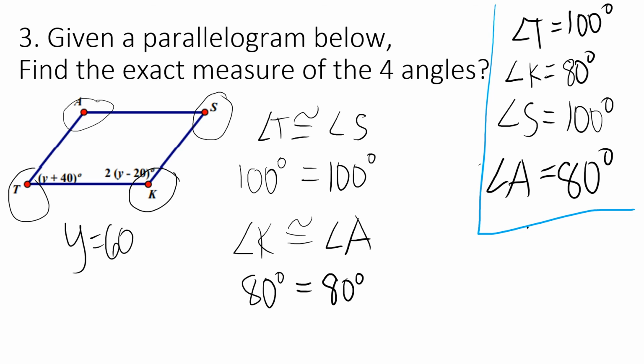So you have 100 plus 80 plus 100 plus 80, that will equal 360 degrees. So the sum of the measures of all the angles of a quadrilateral is equal to 360 degrees. And that's a bonus fact. And I hope you get to learn something from me today.